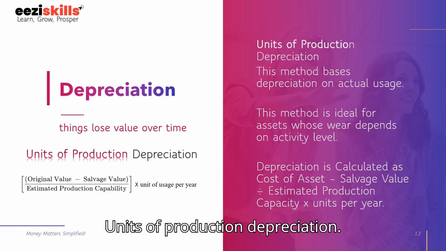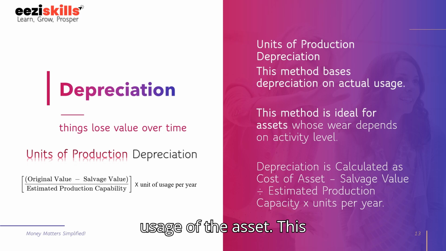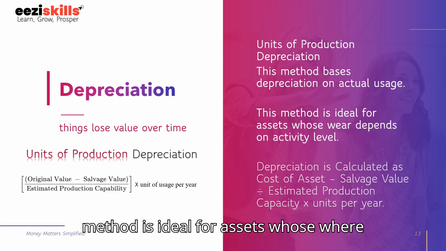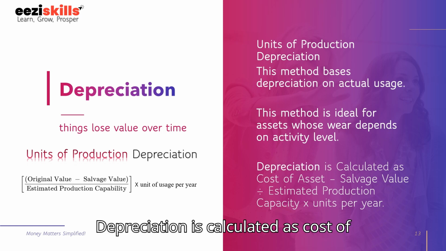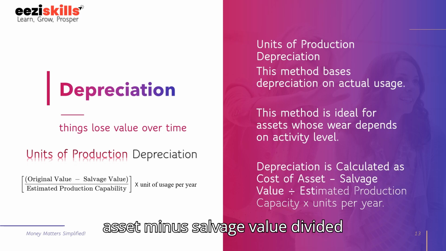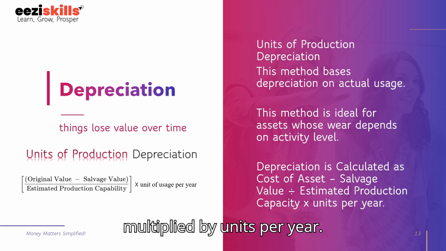Units of production depreciation. This method bases depreciation on actual usage of the asset. This method is ideal for assets whose wear depends on activity level. Depreciation is calculated as cost of asset minus salvage value, divided by estimated production capacity, multiplied by units per year.